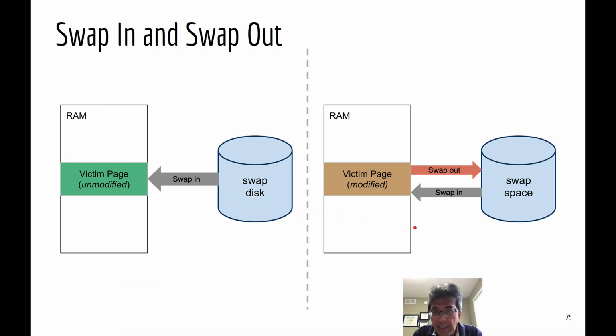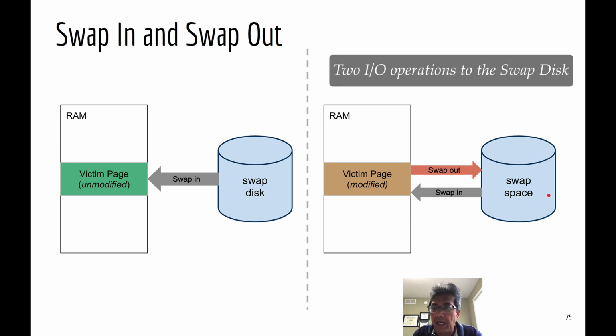But on the right-hand side, we see a victim page that was modified, whose content has been modified by the owner. In that case, the page fault handler cannot just overwrite this page. Before a new page can be brought in from the swap disk, this page must first be written to the swap disk, and then the page fault handler can bring in a new page to replace that victim page.